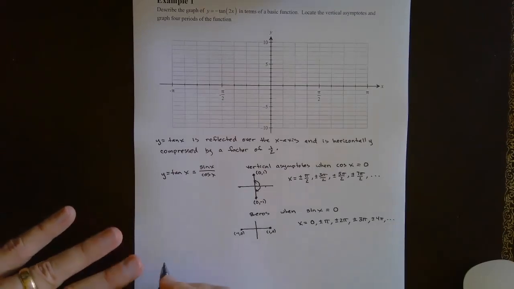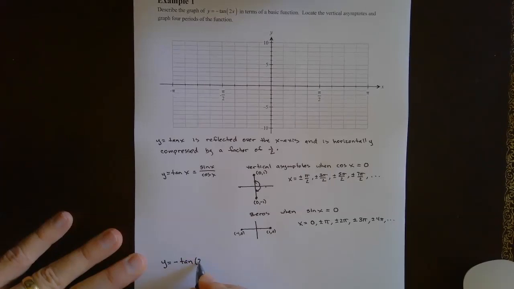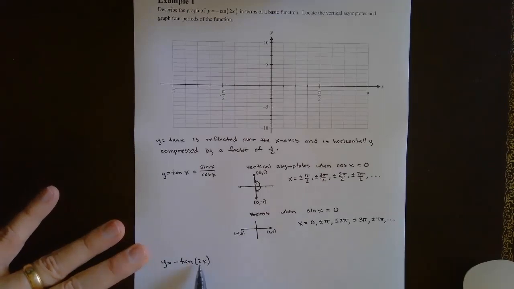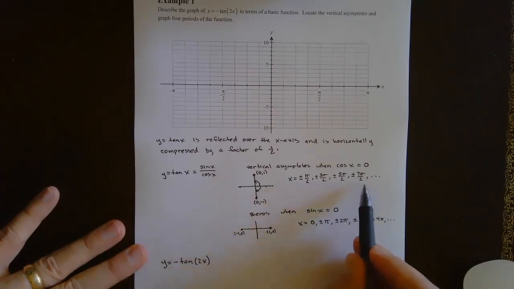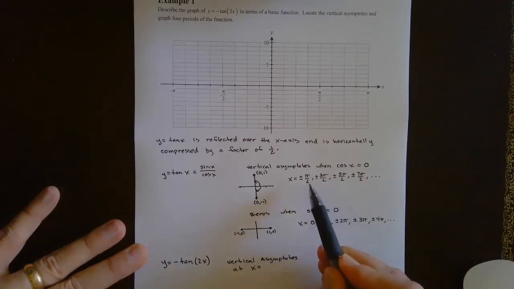Okay, so let's talk about what's going to happen if we try to graph y equals negative tan of 2x. Now what's this 2 going to do? Well, these are all x's, right? So this 2 tells me I'm going to have to half all of these. So when I graph y equals negative tan of 2x, we are going to have vertical asymptotes at x is equal to half of each of these.